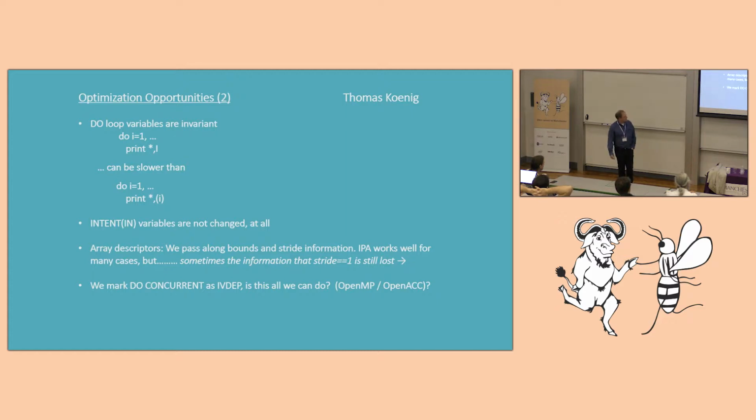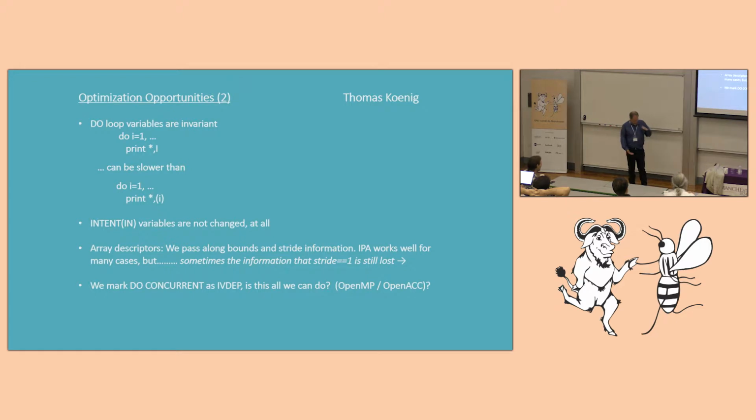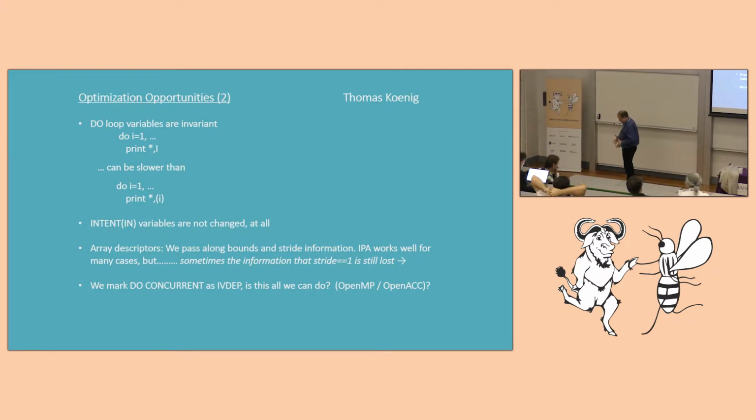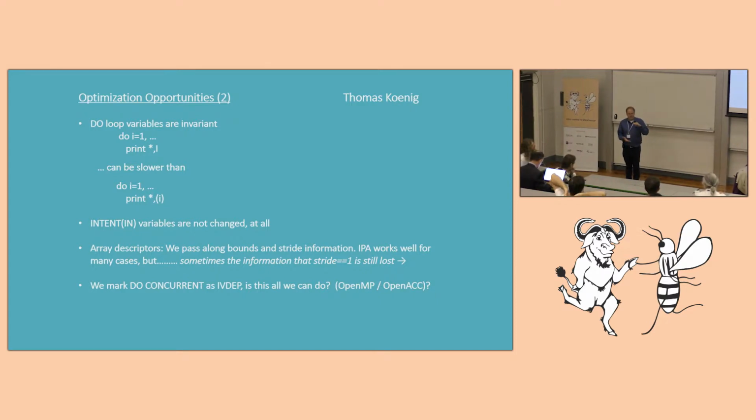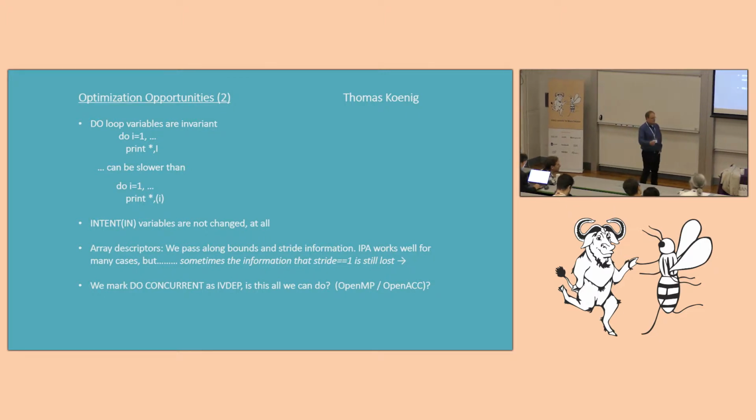Finally, what we have is do concurrent. That's actually a language construct in which people tell the compiler that yes, everything in this loop is independent from every other iteration. So you can define a variable there, but you can only use it within the loop. It's undefined on exit. And if it's something different, of course, it's again the programmer's fault.